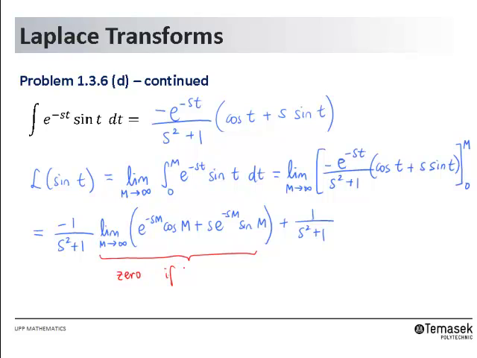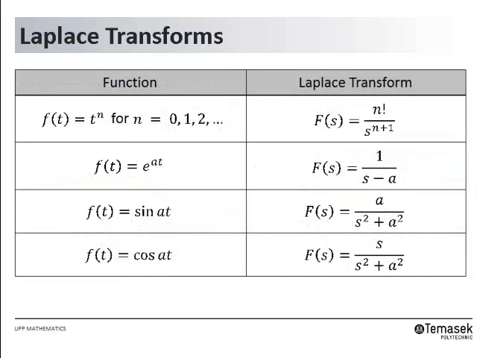We learned earlier on that this limit gives us 0 provided s is non-negative. Hence, the Laplace of sine t is 1 over s squared plus 1 for non-negative s.